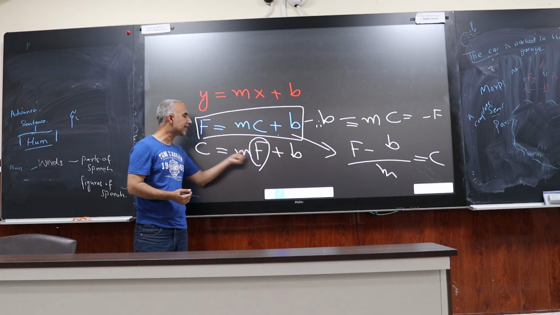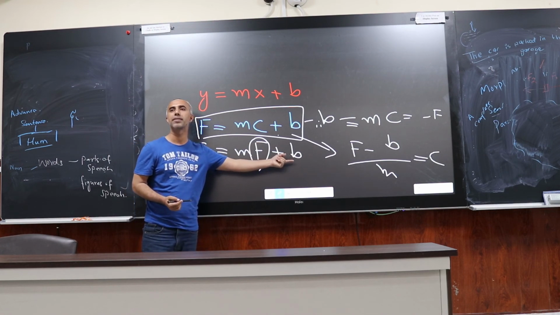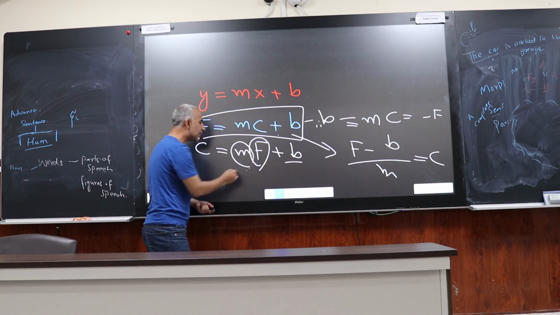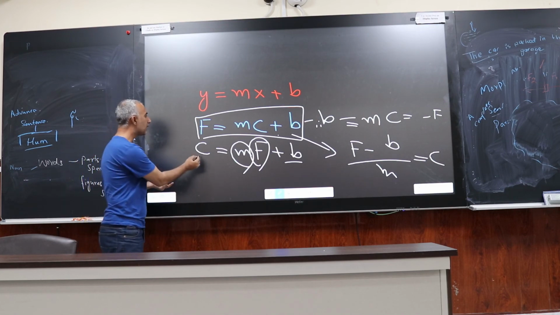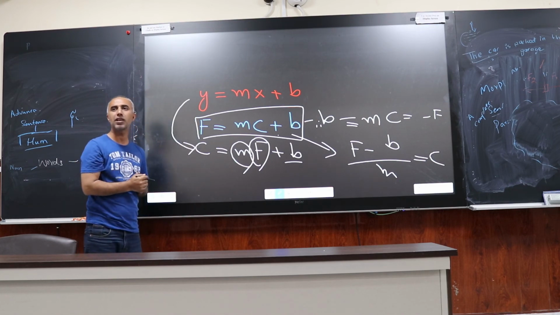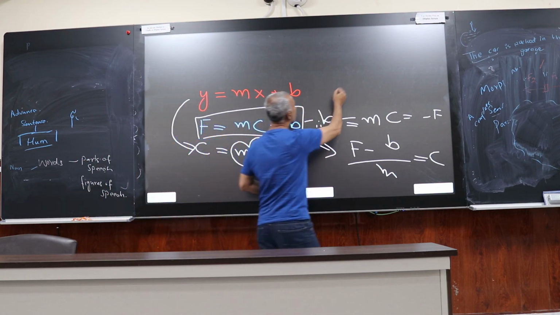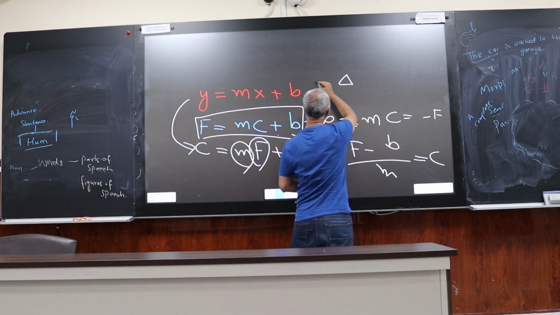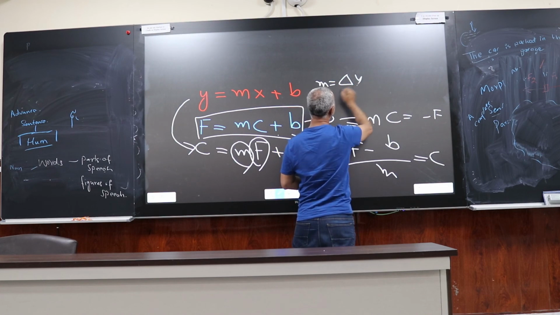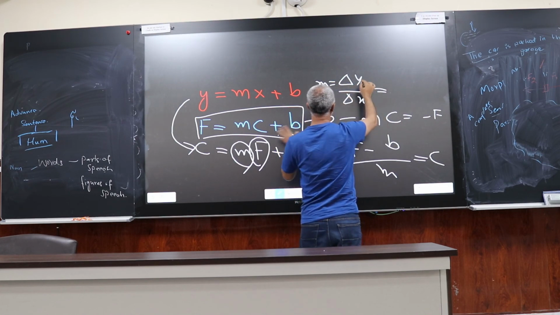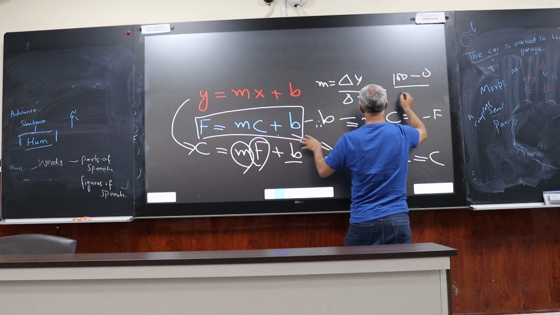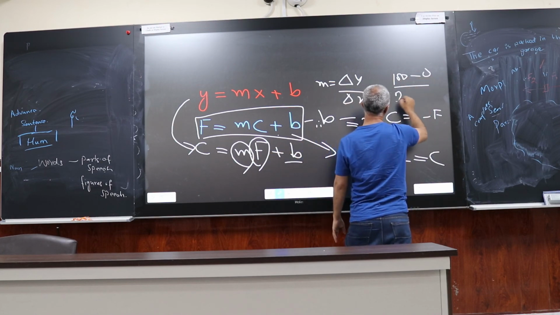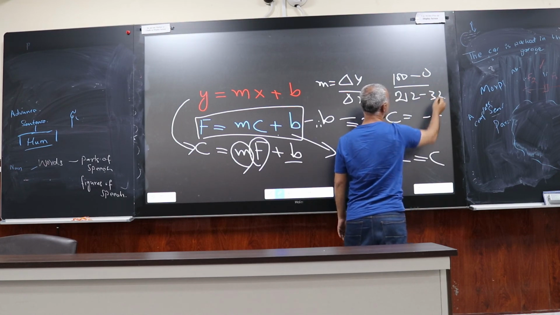So of course, in the case of Celsius, your intercept value is 0. But the slope will be changed. Now your output is Y, Celsius is Y. So in this case m equals Celsius over 212 in the denominator, like so.